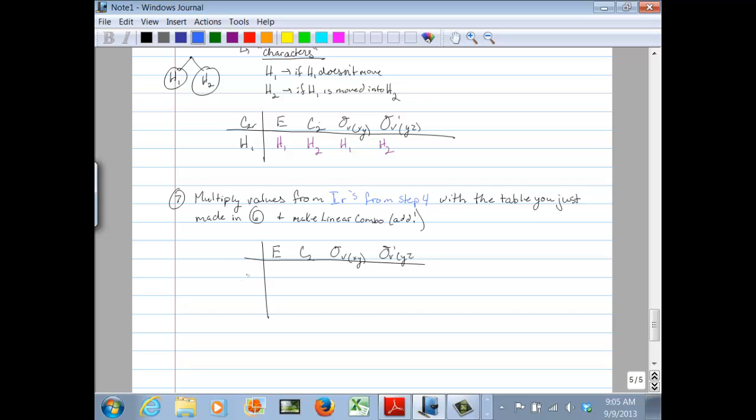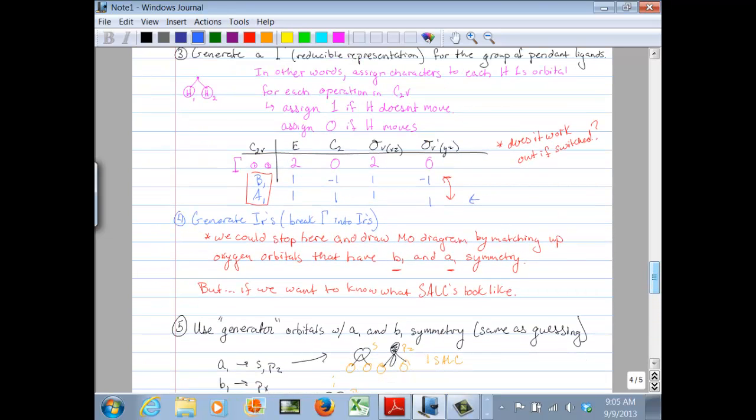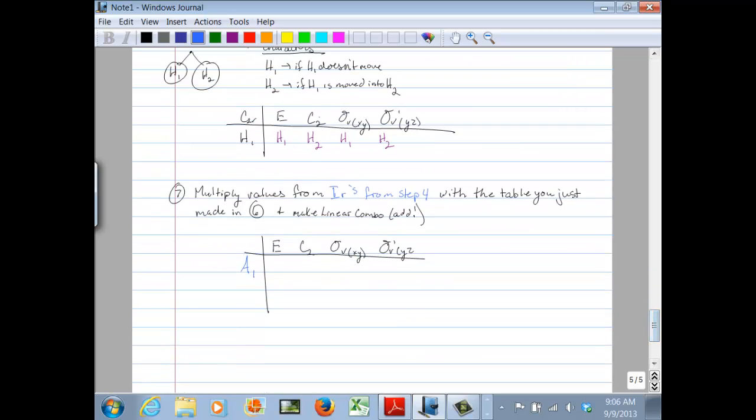I said that I had an A1 irreducible representation here. A1's irreducible representation is 1, 1, 1, and 1. So now I'm just going to multiply that by this up here. 1 times H1. C2 is H2. Sigma v is H1. This one's H2. And if I multiply that and add them together, I will get 2 H1s plus 2 H2s.